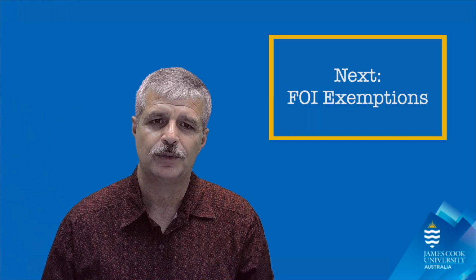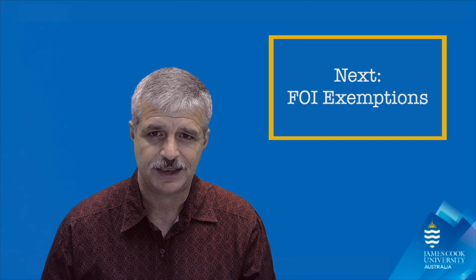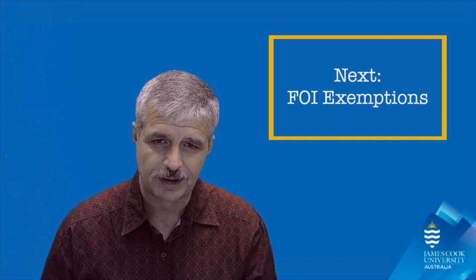The devil, however, is in the detail. Many types of documents are exempt from release. In the next video, we'll round out our understanding of FOI by looking at those exemptions.